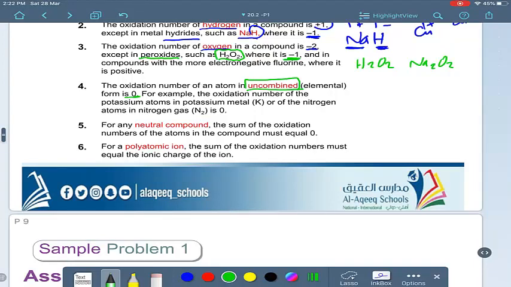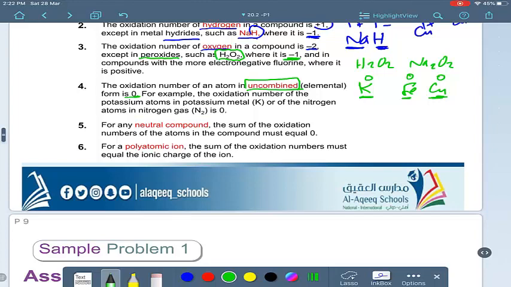Like metal, for example, like K, or if you are making a reaction with iron with something else, copper with something else in the form of metal, any of them, because they are alone, not in a compound, so the overall charge is zero. Don't say positive 1, positive 2, positive 3, and so on. No, it's zero. Why? Because you are reacting the element alone, uncombined.